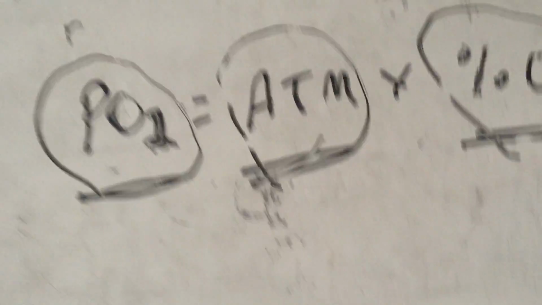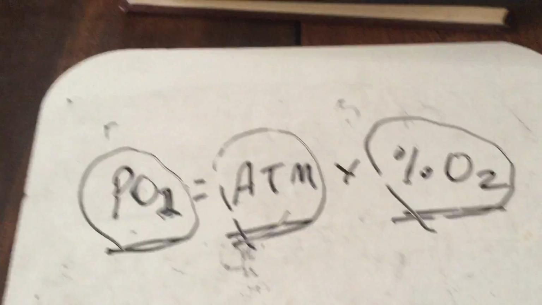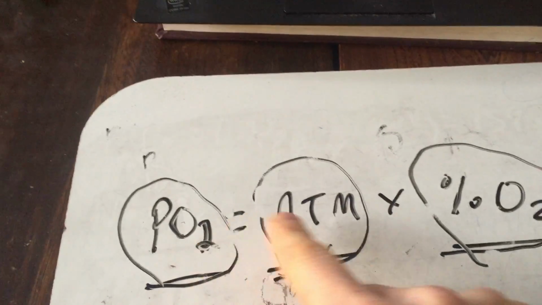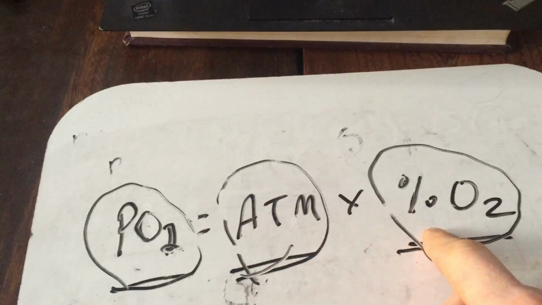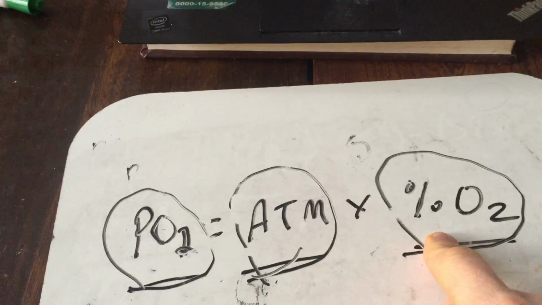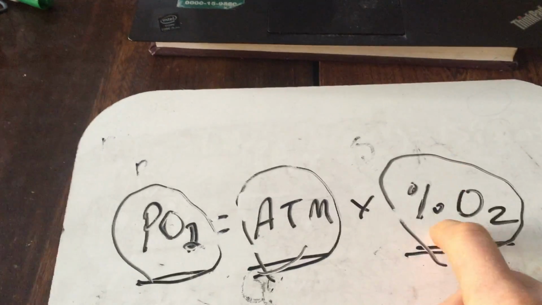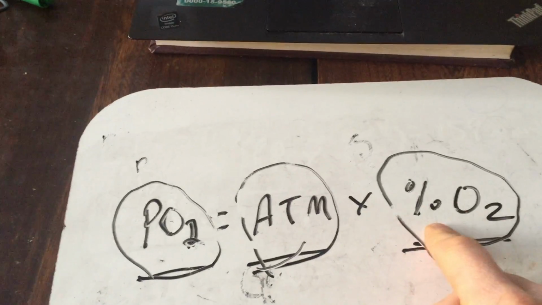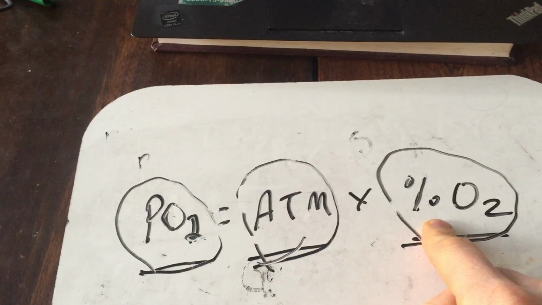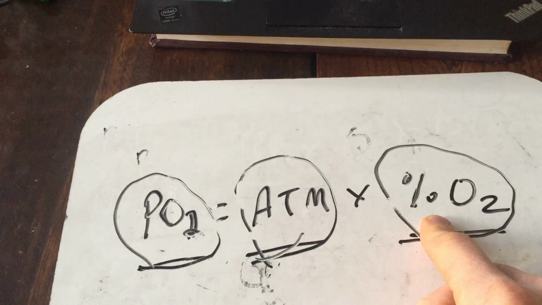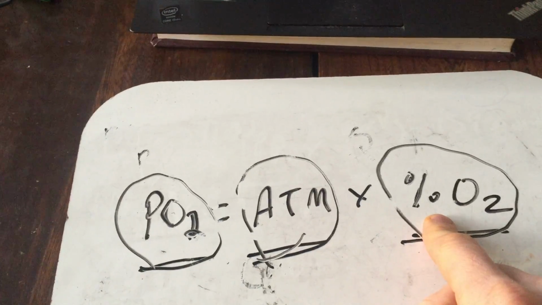So you have to go back to this equation that I have on the whiteboard. Partial pressure of oxygen is equal to atmospheric pressure multiplied by the percentage of oxygen in the air. Within your tank, they will reduce the percentage of oxygen and replace that with helium to prevent oxygen toxicity.